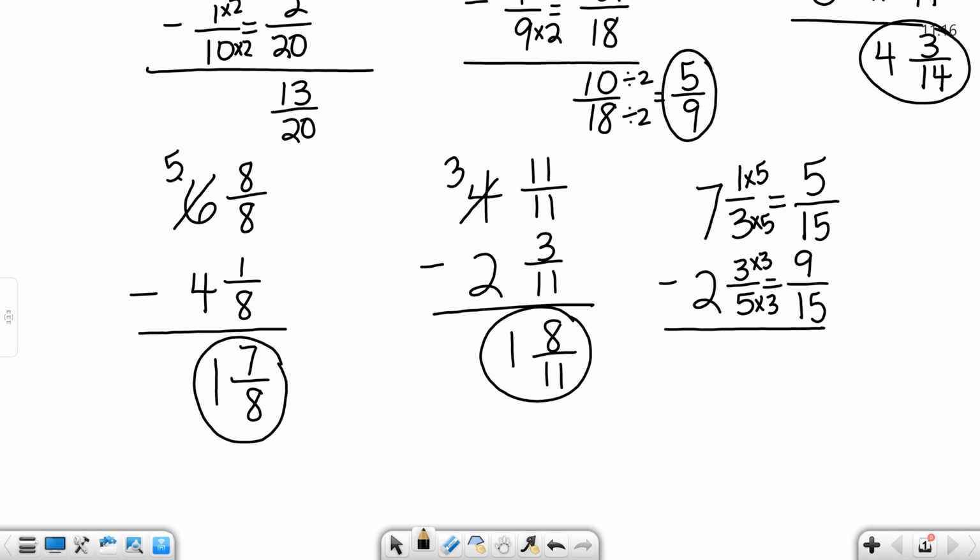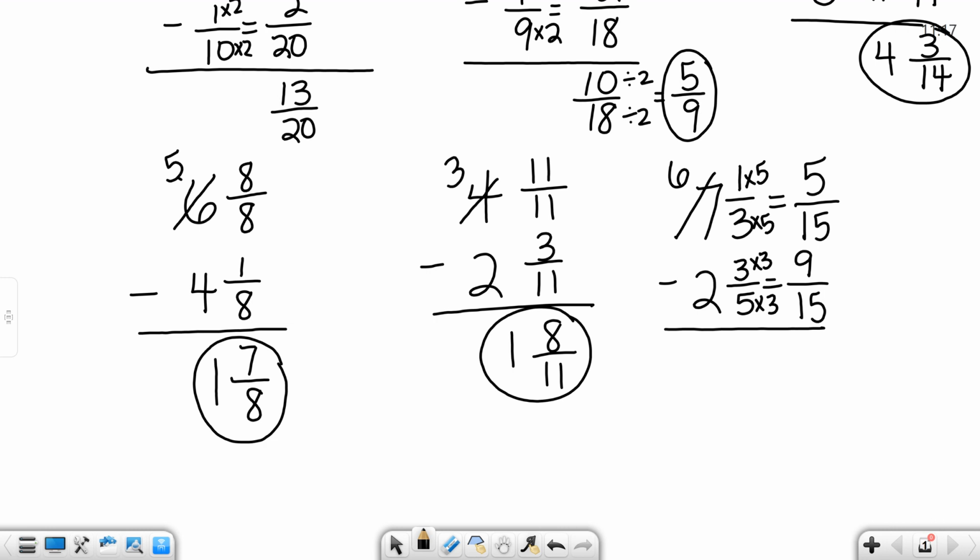Now, we have a problem because we cannot subtract 9/15 from 5/15. 9 is bigger than 5, and so we're going to have to regroup. Now, it's going to be similar to what we did a minute ago. We're going to take 1 away from our whole number. So our 7 is going to become a 6. The 1 that we took from our whole number can be written as any number over itself.